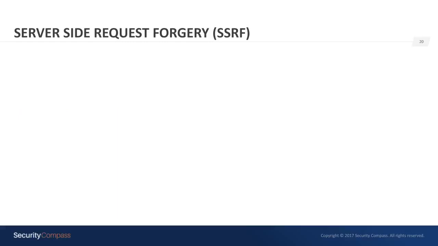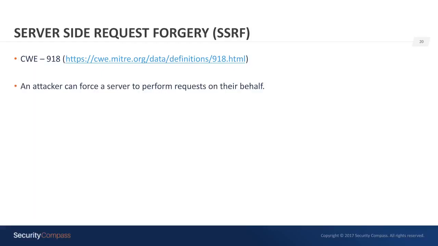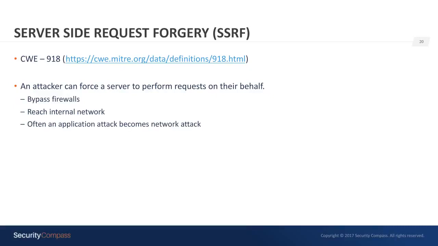All right, so we move on to the third and last one for this particular talk, which is server-side request forgery. Again, the CWE number is 918. Essentially, an attacker can force a server to perform requests, so forge requests on their behalf, which is why it's called server-side request forgery. It's commonly used to bypass firewalls to reach the internal network.